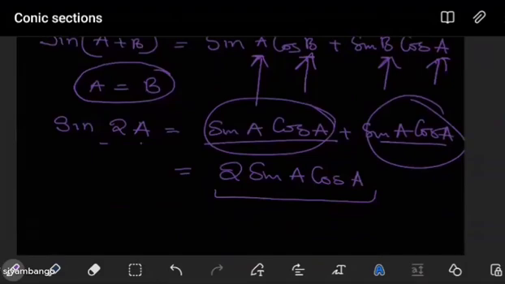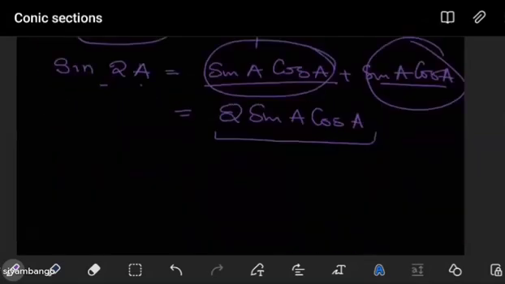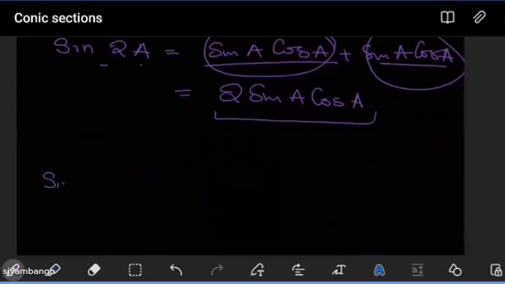That is just sine A plus B equals sine A cos B plus sine B cos A. How is it different? Okay, so do you know this identity?